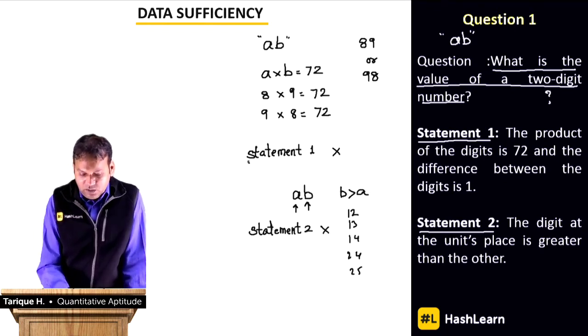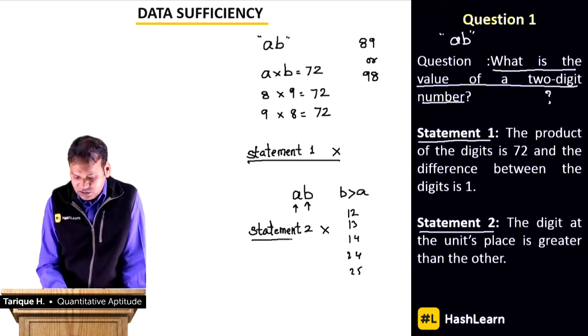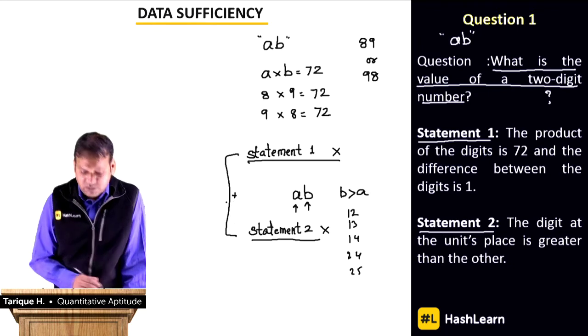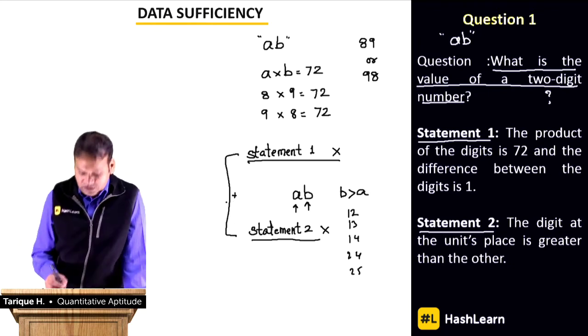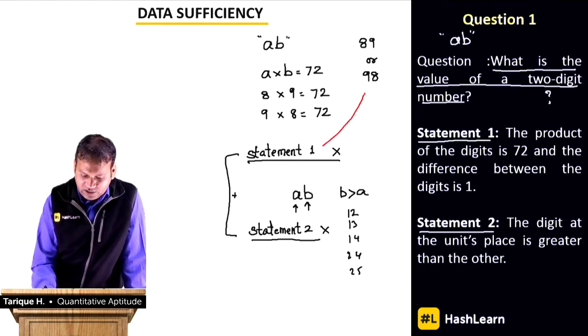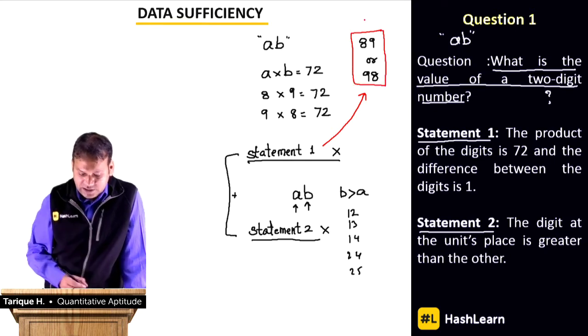So statement 1 alone is not sufficient. Statement 2 alone is not sufficient. What if we combine the information of these two statements? From the first statement we got that the number is either 89 or 98.